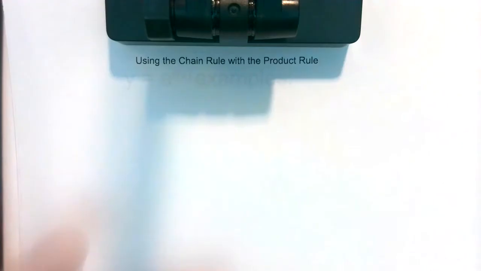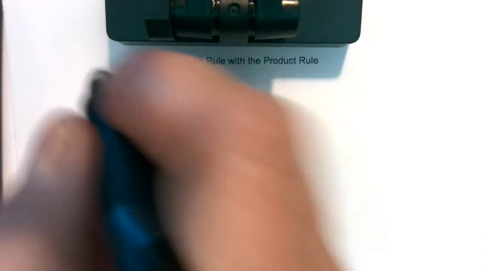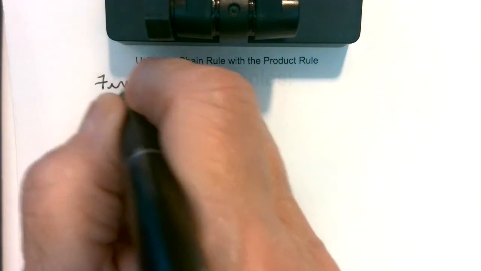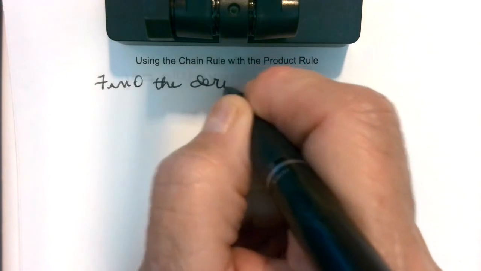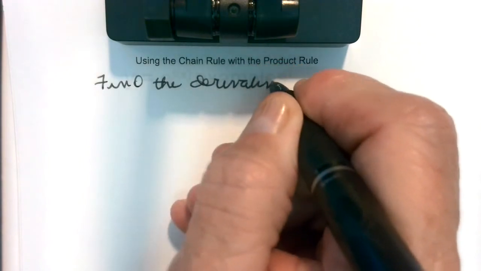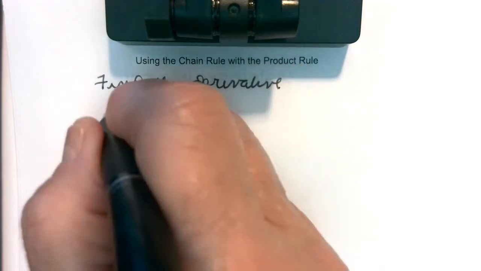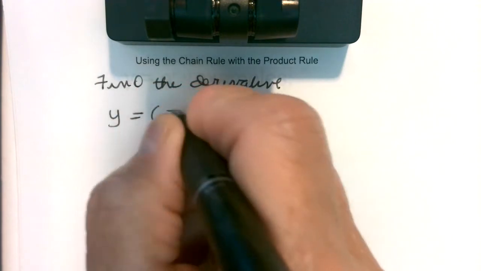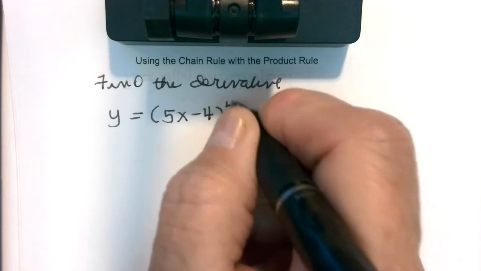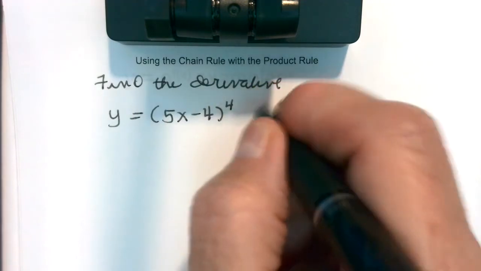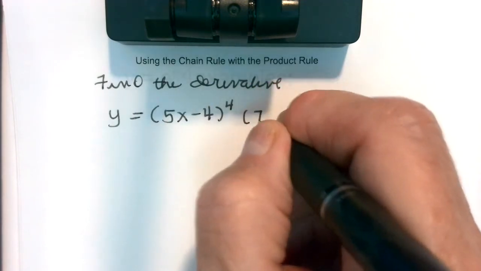So in this case, we're using the chain rule with the product rule. Now, it's not hard to do the calculus, or not that hard. It's getting it in factored form. So we've got a product, and we've got factors raised to a power.